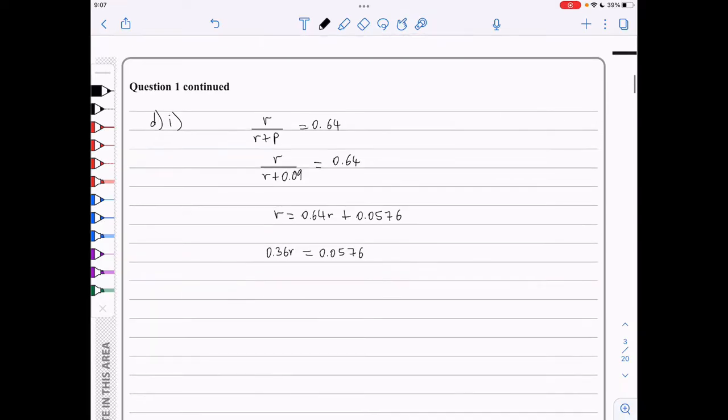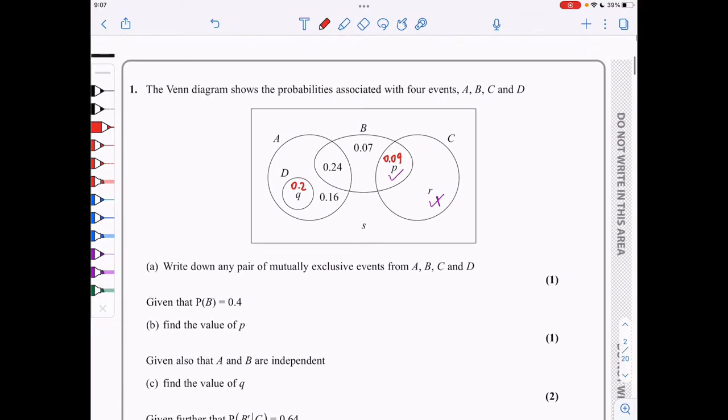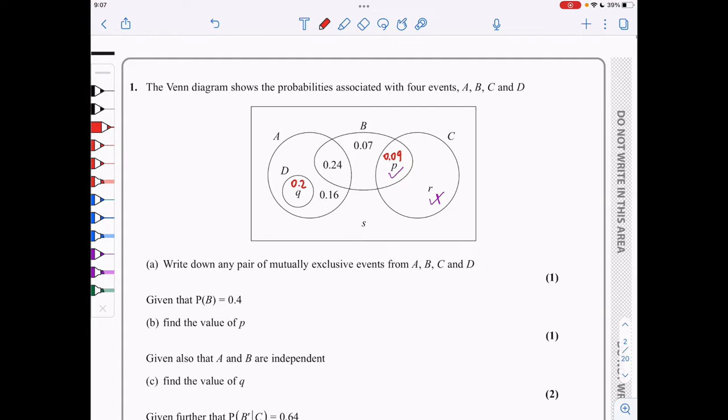And if I divide by 0.36, I'll be getting an answer of 0.16. That's the value of R. So once more, we go back to the Venn diagram, and we know that R is 0.16.